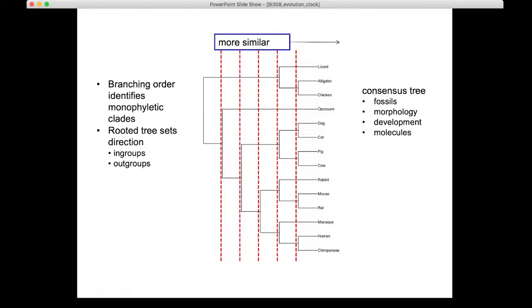And the further back away we go from the tips, of course, that's further back in time. And if we can go ahead and root the tree, which we would do where you see the bifurcation from opossums to the reptiles there, this gives us the direction. So in groups are placentals, out groups are reptiles, and it gives us direction of change. That's an important part of constructing phylogenies.